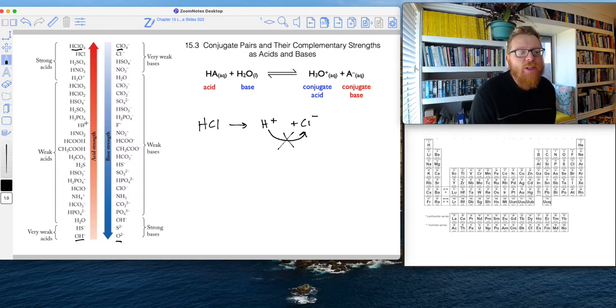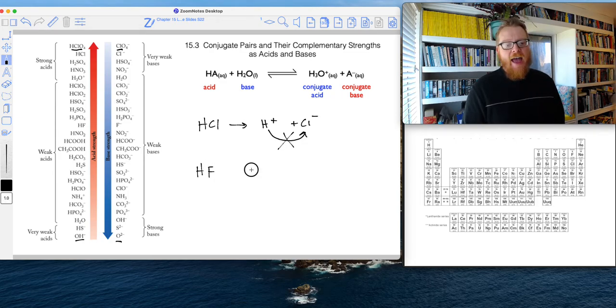But however, if we look at something that's kind of like in between, like let's look at the HF, okay? So we know that HF has some sort of equilibrium reaction, okay? And so we notice here that it's right in the middle. And what that means is it's not in this very weak base category. It's just in like the ordinary garden variety weak base category, okay?